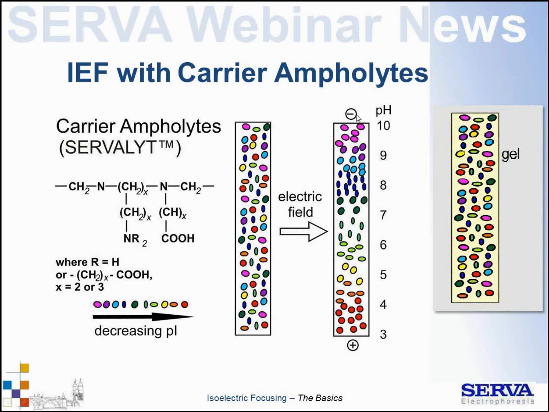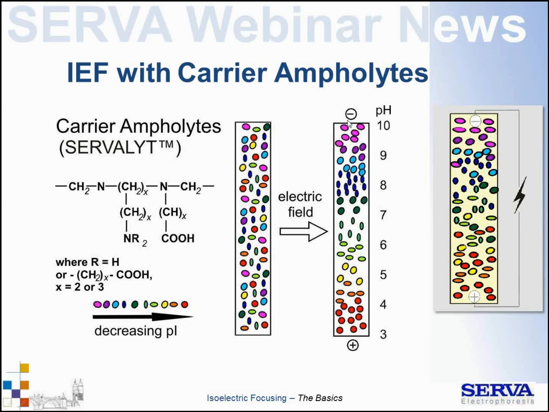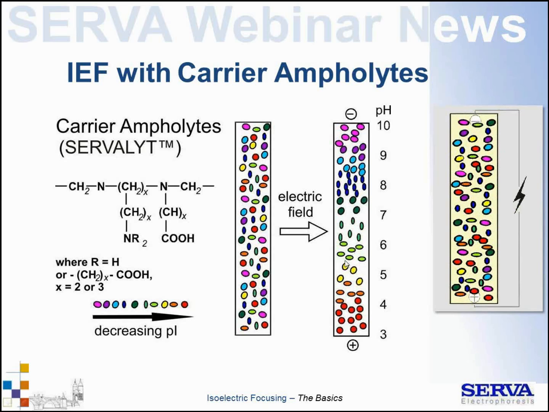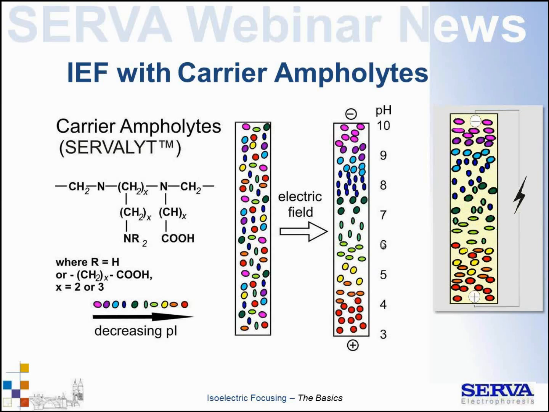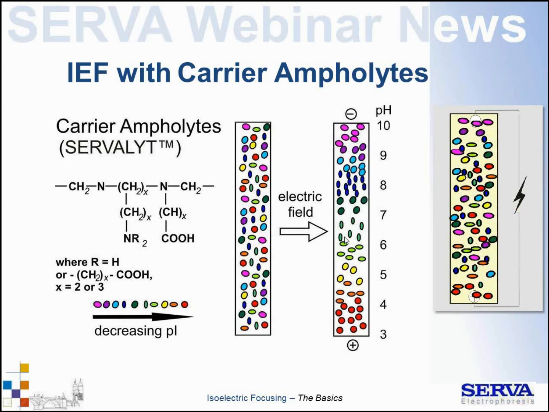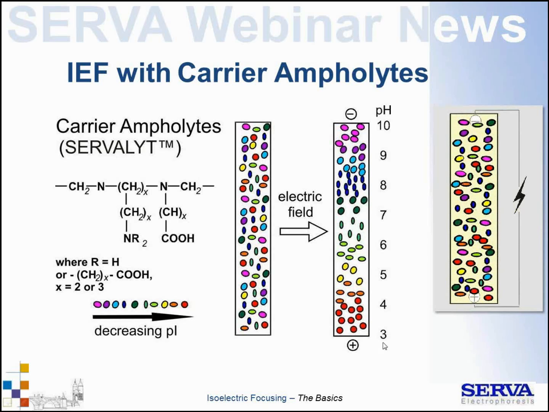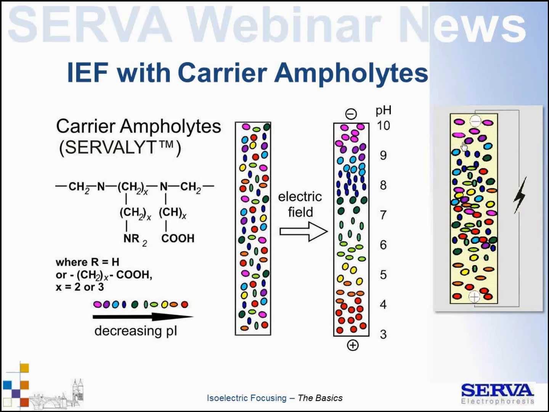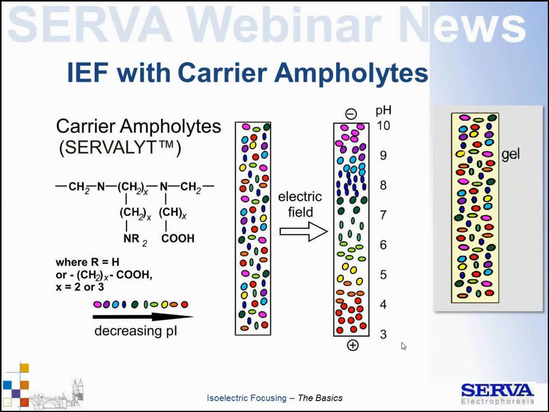That means when you apply an electric field, the positively charged, the more basic ones, will migrate towards the cathode, and the negatively charged, the more acidic ones, will migrate towards the anode. And because they have a high buffering capacity at their own isoelectric point, they will buffer each against the other and will form a quite stable pH gradient between the extremes 3 and 10. You see that in the animation. I've tried to show that using colors.